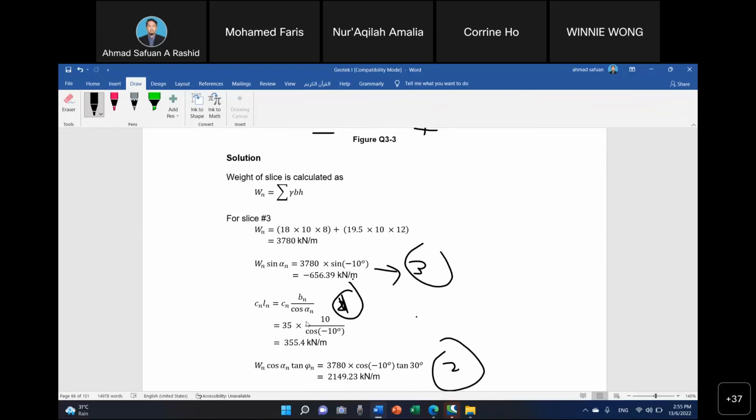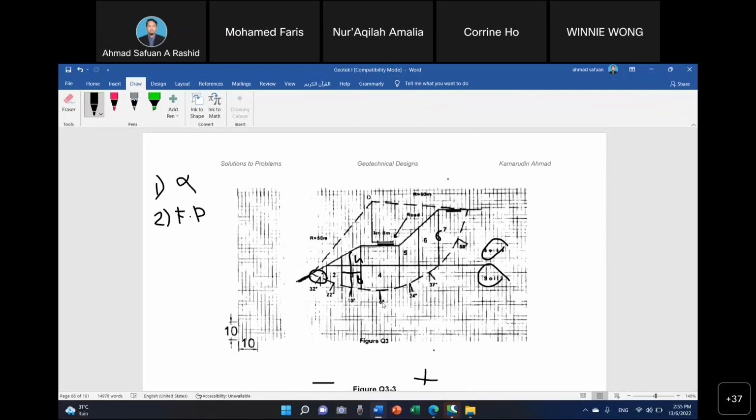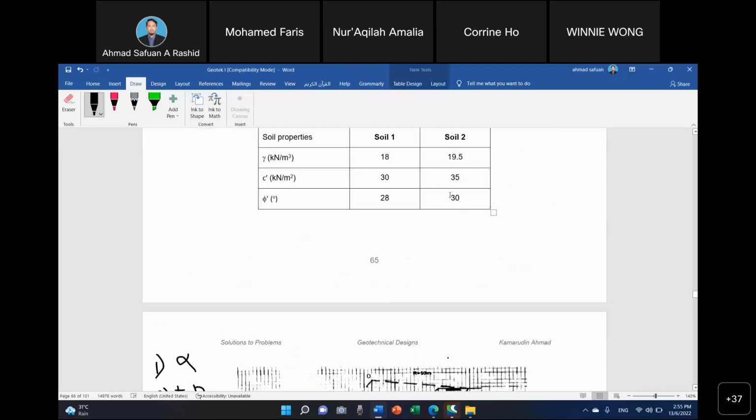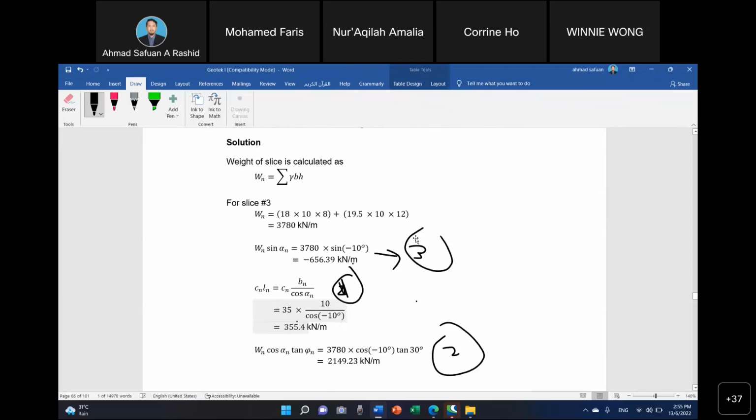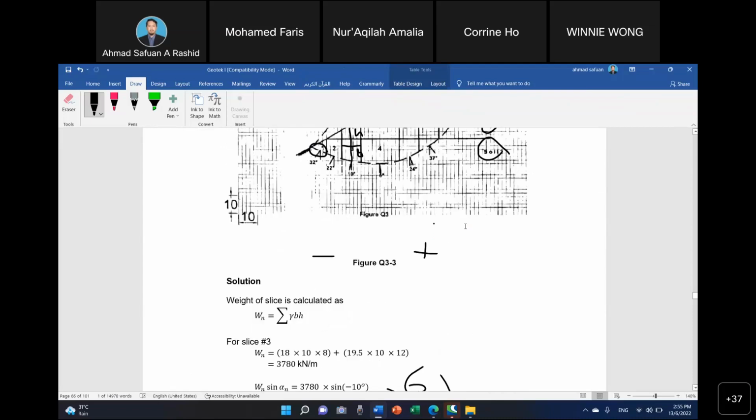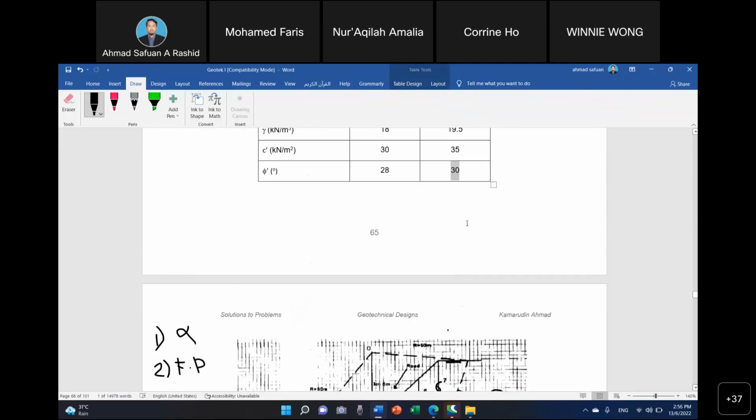For the B case, the C is referred to soil number 2, because the C is used for the resisting moment. So the value for soil number 2 is equal to 30. Sorry, 35, not 30, 35.